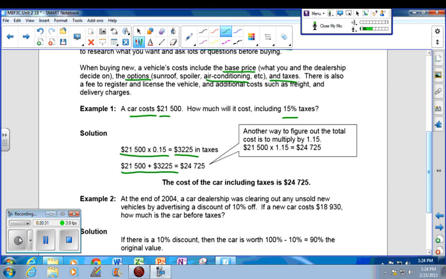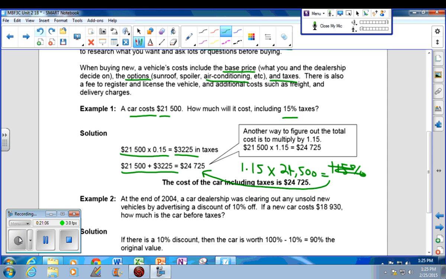Now, if you don't need to know the taxes separately, if you just want the bottom line, the other way to do this is you take 1.15, which is just 115% converted to decimal. And you multiply that by the base price, which is 21,500. And if you run that through your calculator, you'll get the same answer as that.